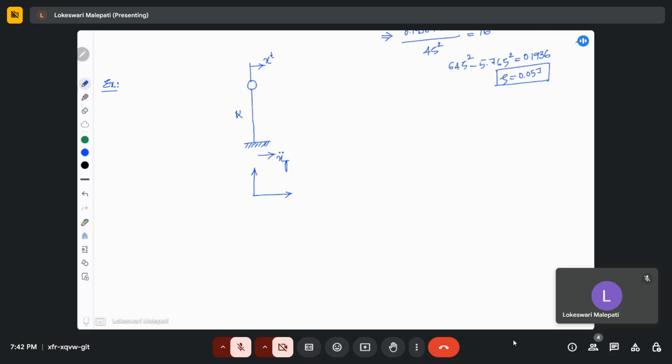Now when there is a ground motion, we want to find out the equation of motion for this particular case. Let's say that the ground is displaced by an amount xg, then there is also deformation here. This deformation would be with respect to this ground.